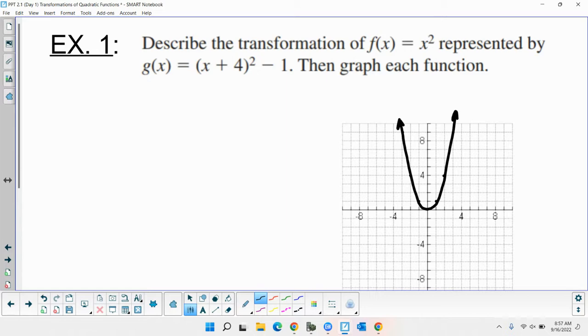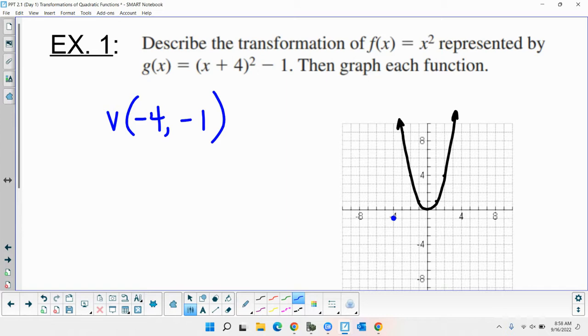All right, anyway, just by looking at this, the vertex is the opposite of +4 for h, and k is negative 1. So basically the transformation was we moved left 4 and down 1. You guys could tell me that by looking at that, right? So we go left 4, 1, 2, 3, 4, and down 1. There's my new vertex. And then what I like to do is just do the same thing from the points I already plotted.